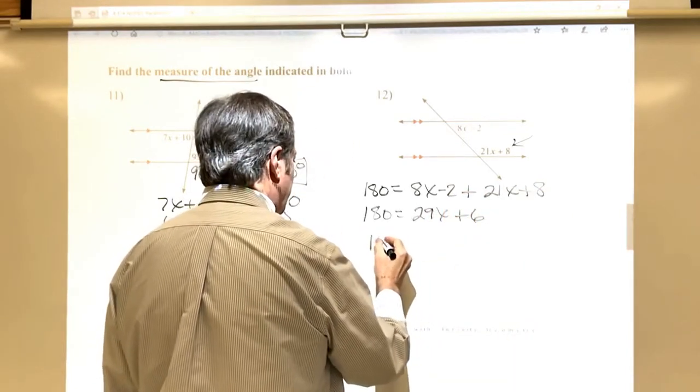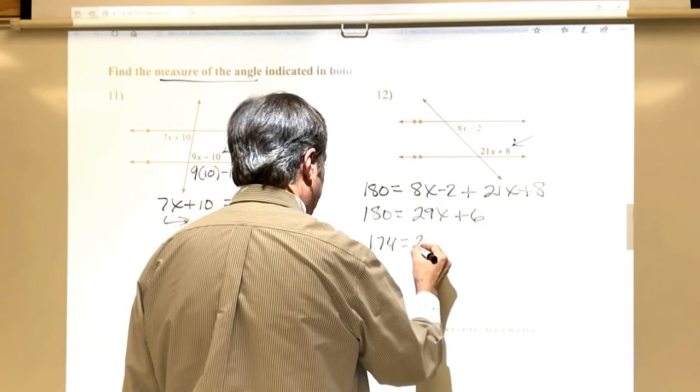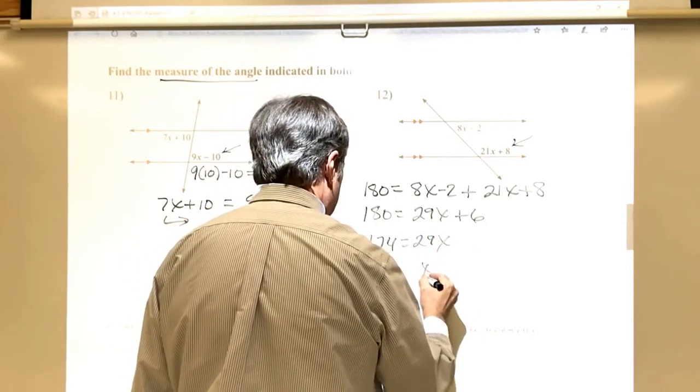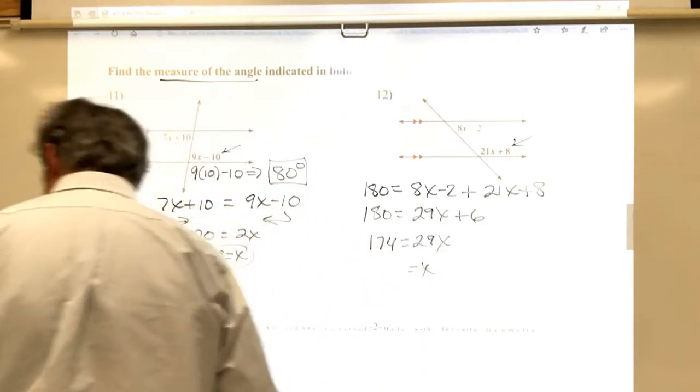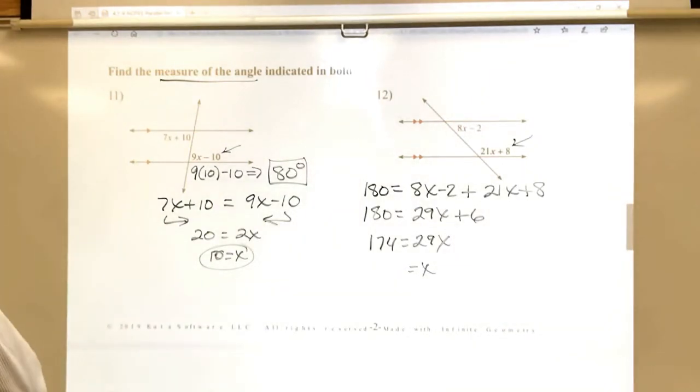We'll subtract 6 from both sides. We get 174 is 29x. Divide both sides by 29. And let's see, what do we get? No, I'm looking at the wrong one. Yes, we get that x is equal to 6.